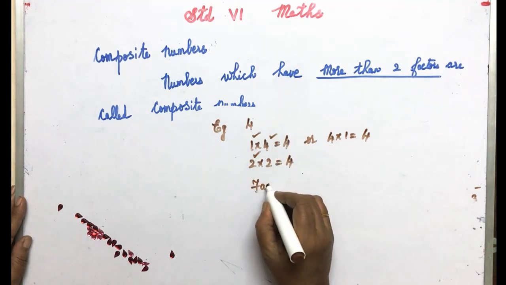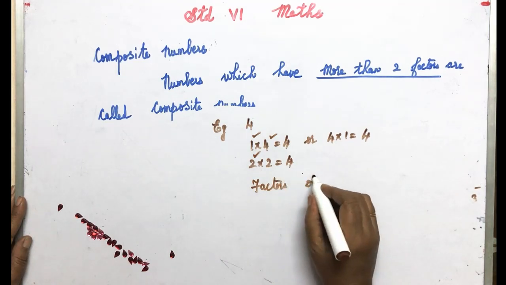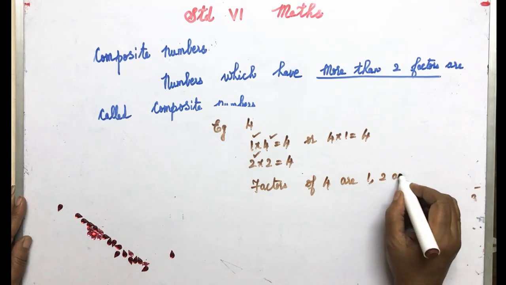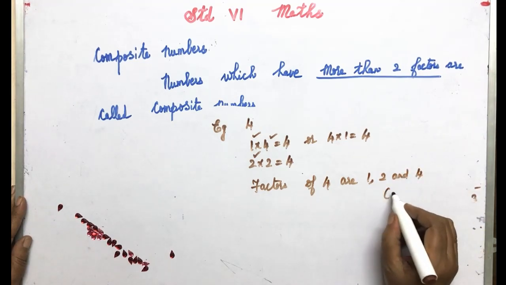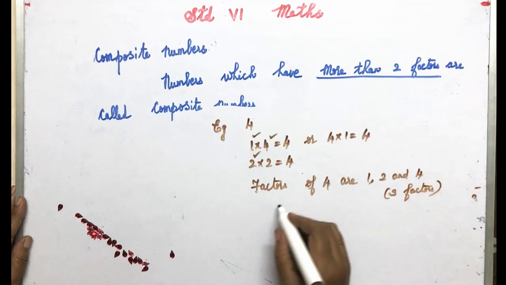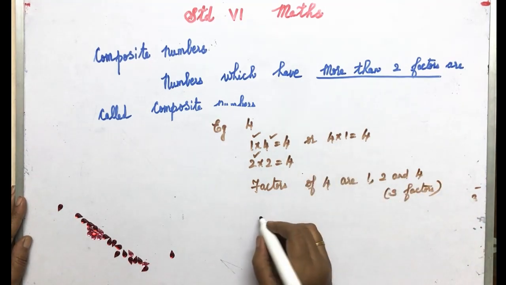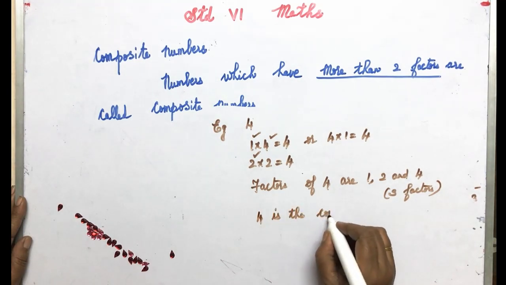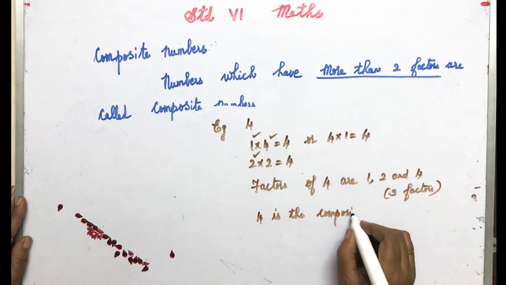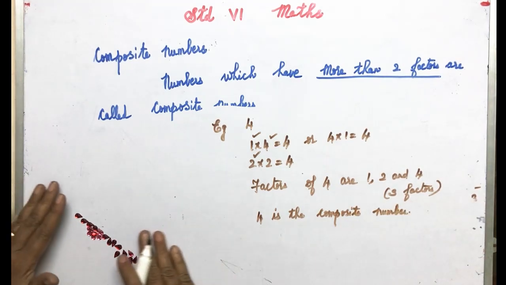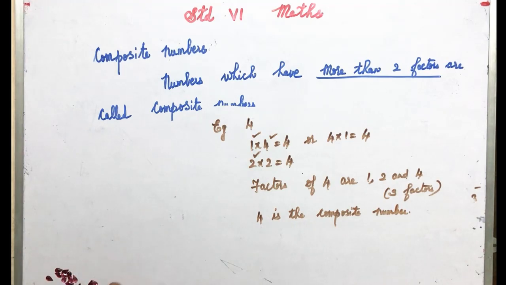So factors of 4 are 1, 2 and 4. So here we have 3 factors. If you have more than 2 factors, that number is called a composite number. So 4 is a composite number. So next we are going to find out prime numbers from 1 to 100.